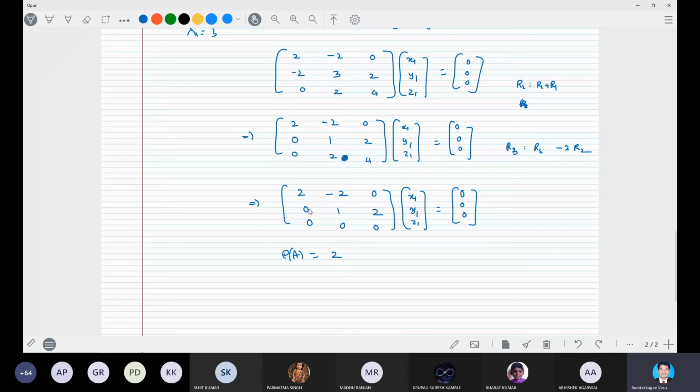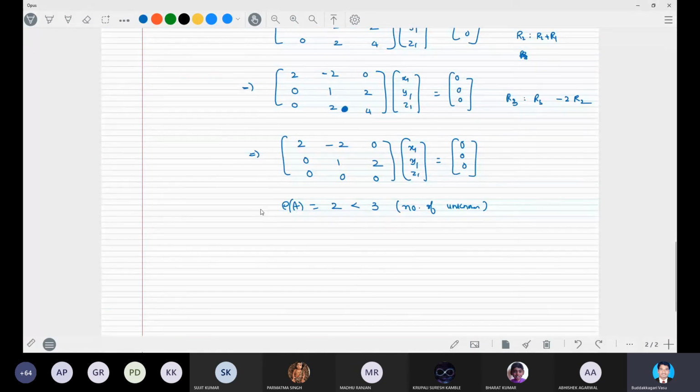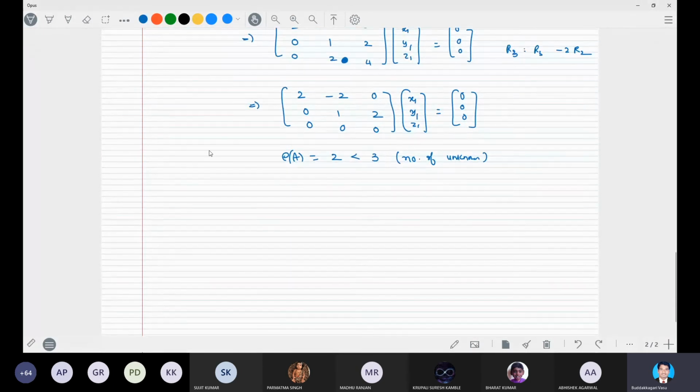Because it is in row echelon form and it has two non-zero rows, so rank of A is 2, which is less than the number of unknowns. How many unknowns are there? x1, x2, x3, that is 3. So it results in a solution. How many independent solutions are there?